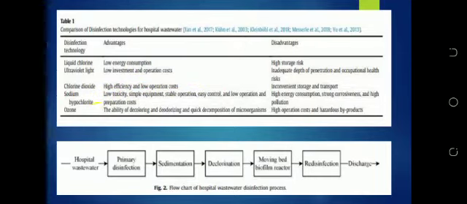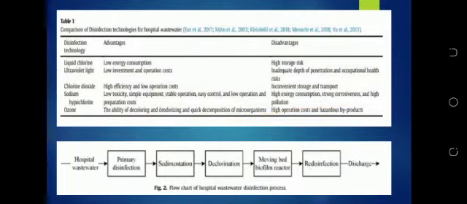Chlorine dioxide has high efficiency and low operation cost, but also has the disadvantages of inconvenient storage and transport. Then sodium hypochlorite has low toxicity, simple equipment, stable operation, easy control, low operation and preparation cost, but has the disadvantages of high energy consumption, strong corrosiveness, and high pollution.